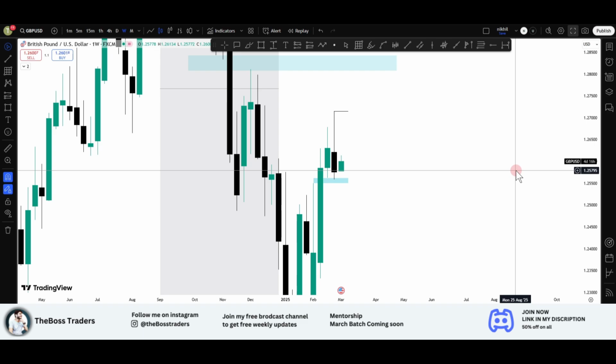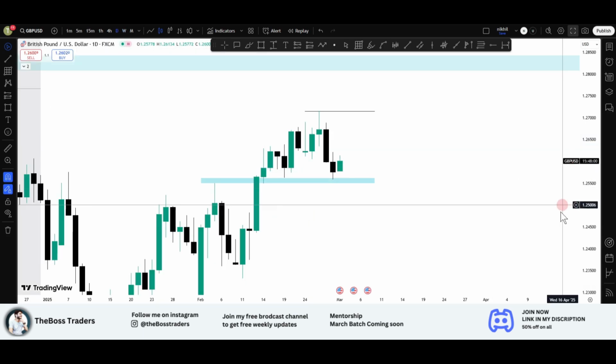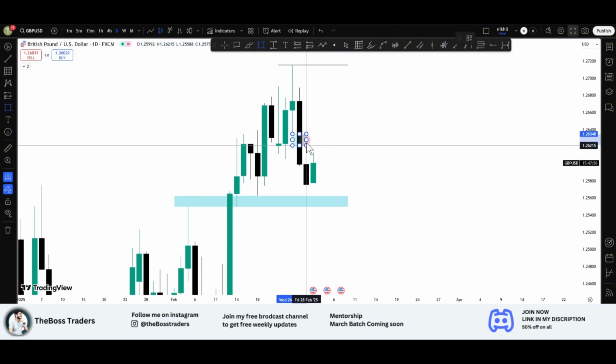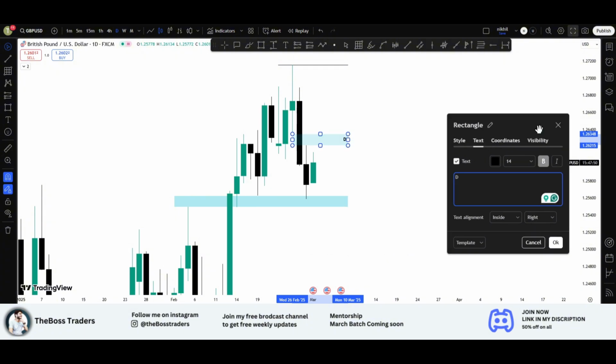So it's better that either one of the pairs should be weak, or they should go against each other. Let's look at the daily time frame. On the daily time frame, I do have a bearish fair value gap. So that's it for me. I will not do any more analysis on GBP.